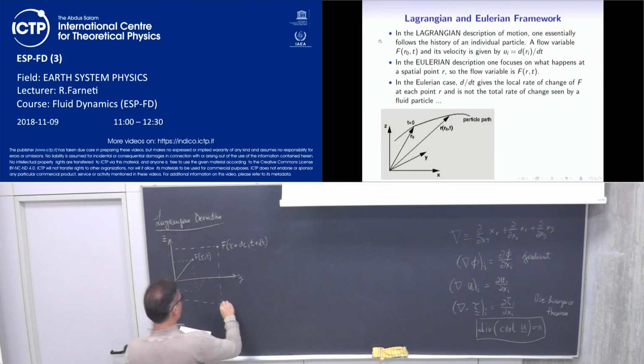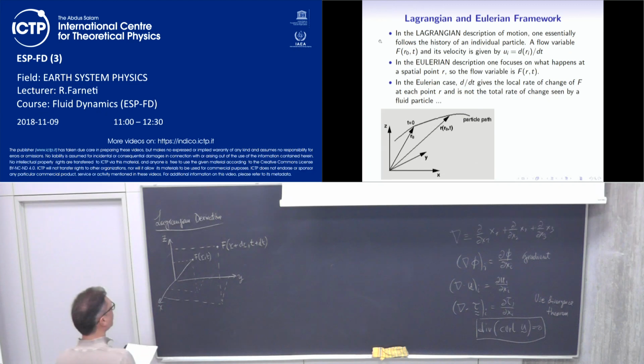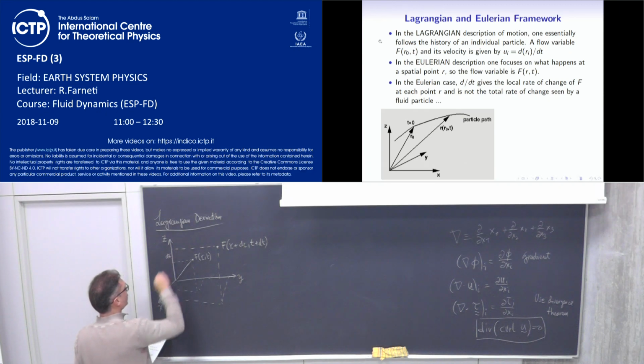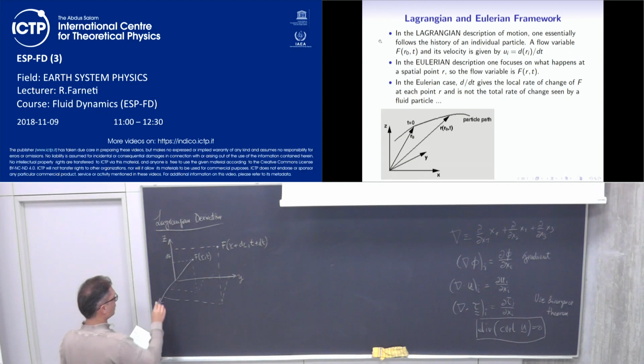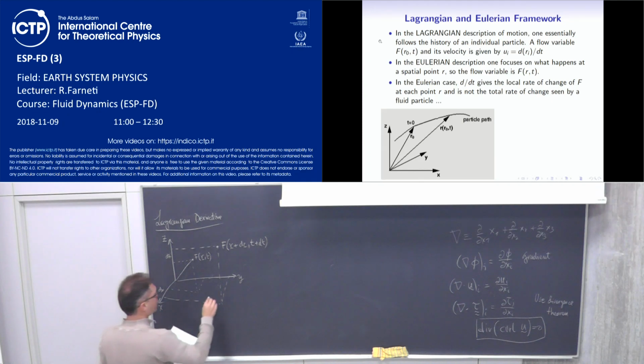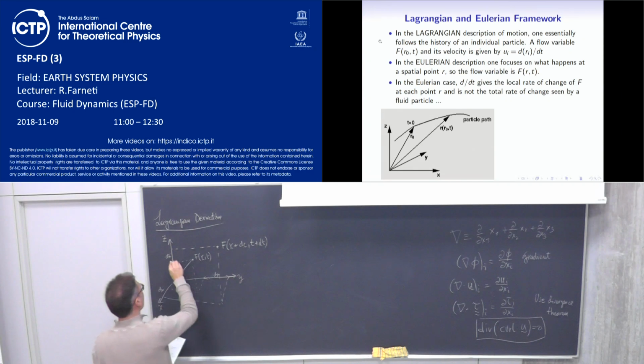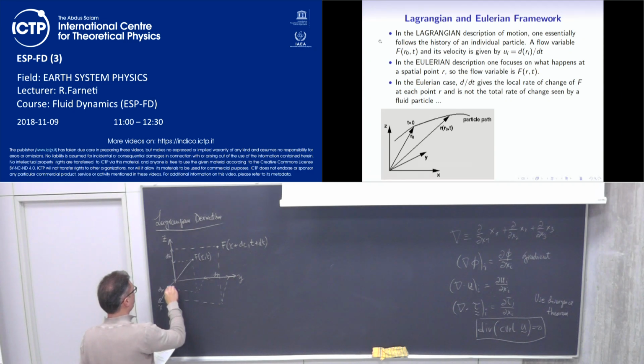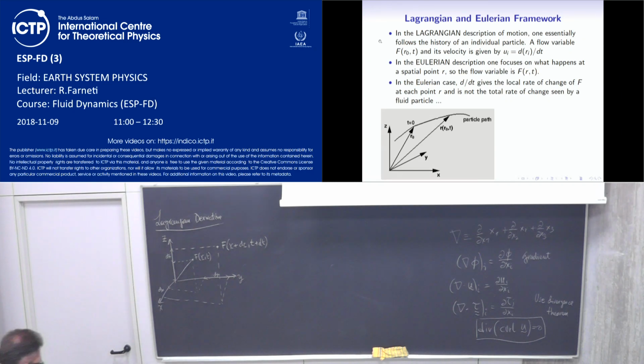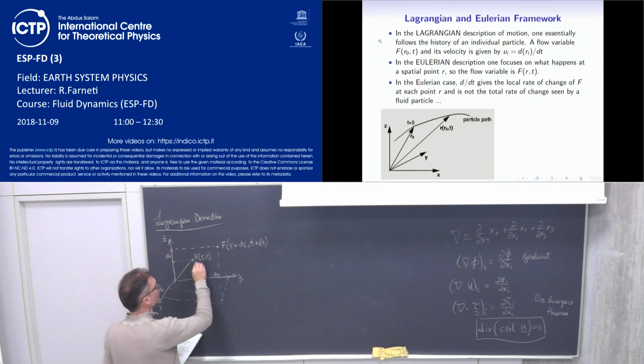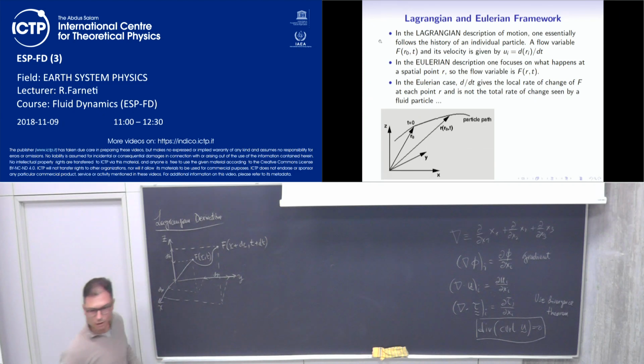Here, something like that. So there will be an increment in dz, in dx, and in dy. So how can you describe what has happened to this variable f that has changed in space and time?